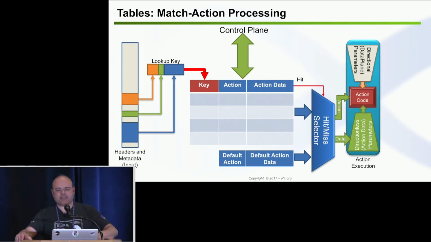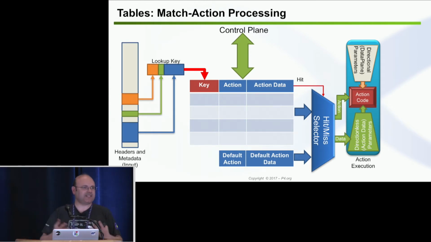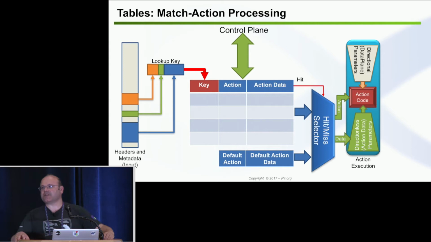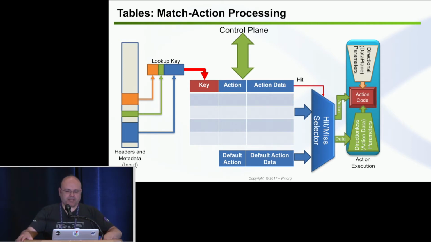And then what happens is the action will go into some sort of action execution unit. Again, this is all very abstract, and all the devices are done differently, so the physical structure might be different. But the important thing is that there are two types of parameters that are available to this action execution unit.